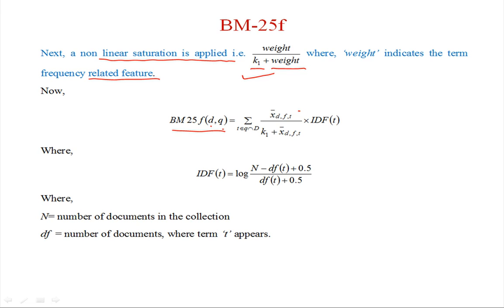So these are the changes applied here, and the IDF part is almost the same as applied with BM25, where N is the number of documents in the collection and DF is the number of documents where term t appears.